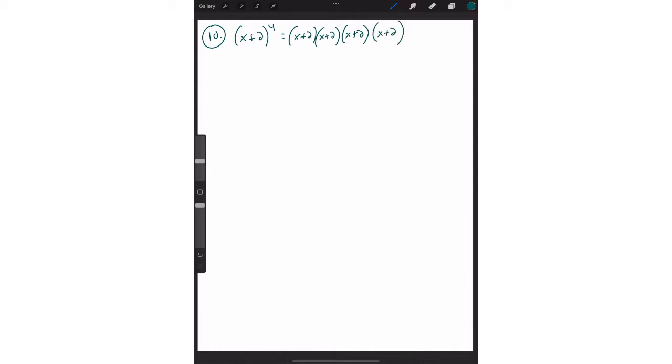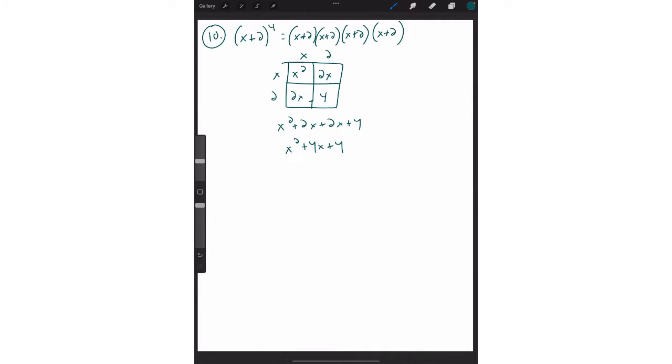If I were to use the first two and just say, what is x plus 2 times x plus 2? Well, that gives me x squared, 2x, 2x, and 4. If I add all that up, that gives me x squared plus 4x plus 4.